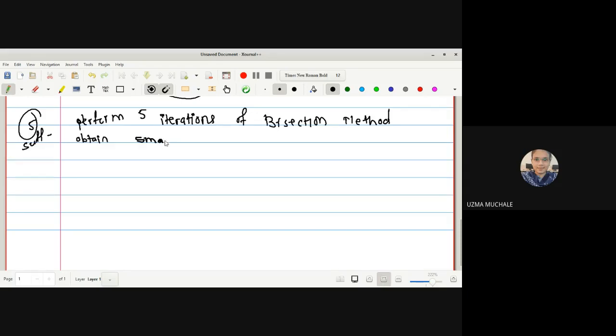Okay, so our equation in this example is x cube minus 5x plus 1 is equal to 0.